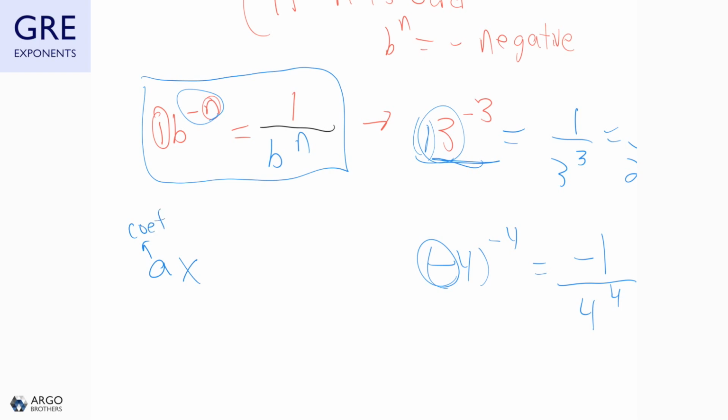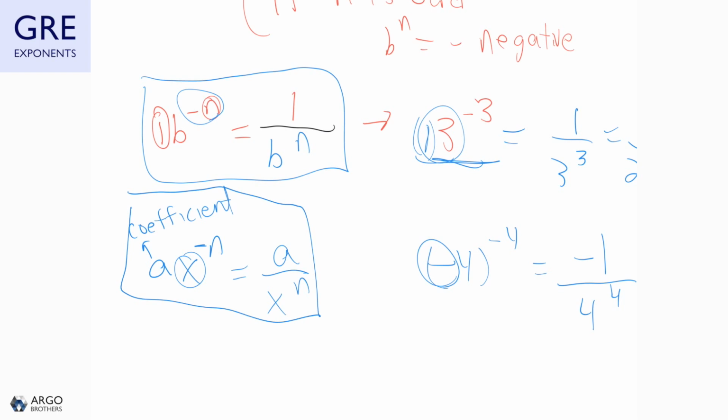Just so you guys don't forget, this is what the coefficient is, and x is the variable, and n is, of course, the power, which we're making negative. So this equals a over x to the n power. Wonderful. This is the general rule that you should either copy down or just memorize, all right? And as we do more problems, it'll become clear.